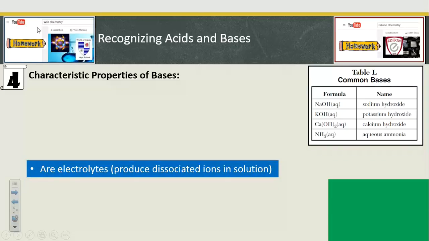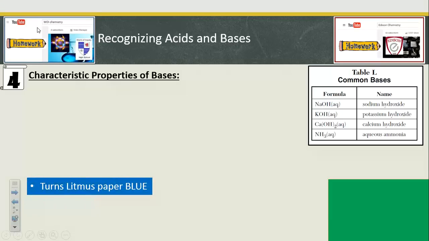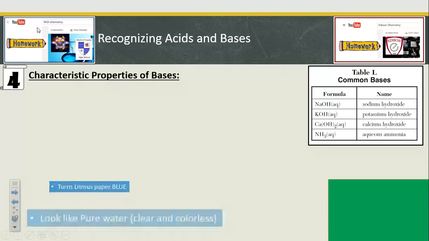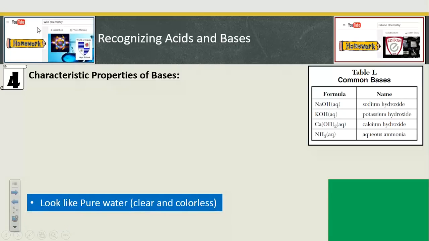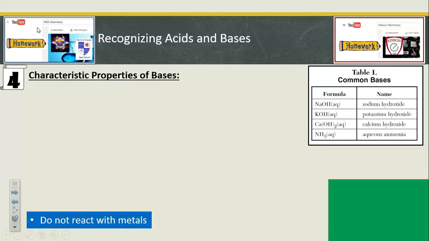Again, like acids, bases are electrolytes. They'll light up a conductivity tester when you test them. Litmus paper will turn blue in a base: blue for base. And again, they look like pure water, clear and colorless, which is misleading sometimes. That's why we test in the lab, to make sure we're not playing around with dangerous stuff.